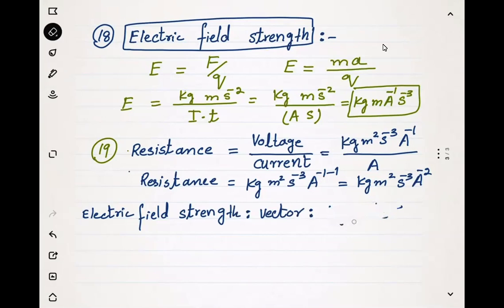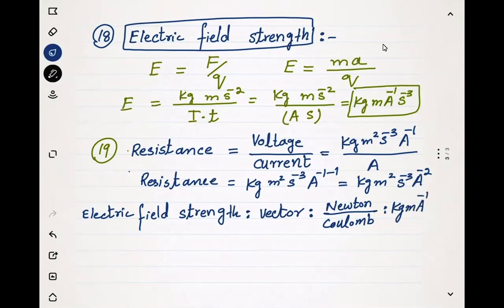As it is F over Q, its unit is Newton per coulomb, and its base unit is kilogram, meter, second minus 3, ampere minus 1.